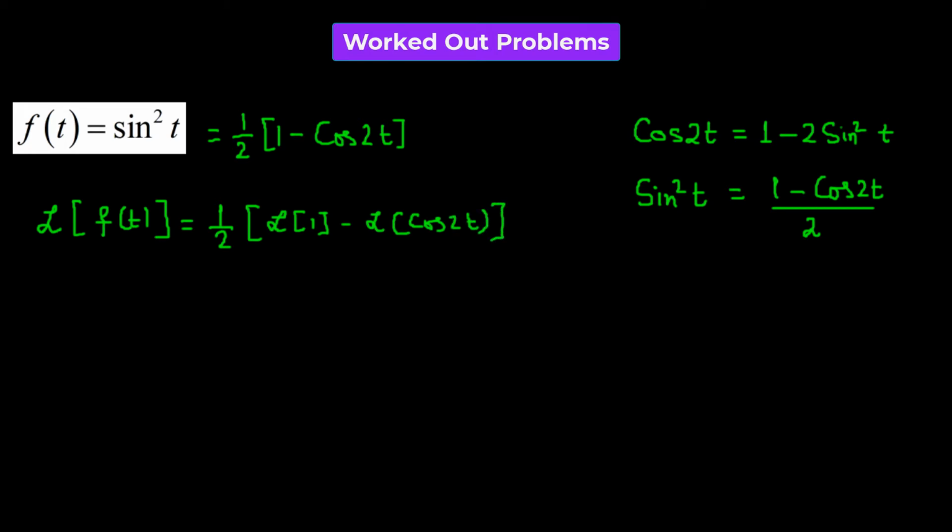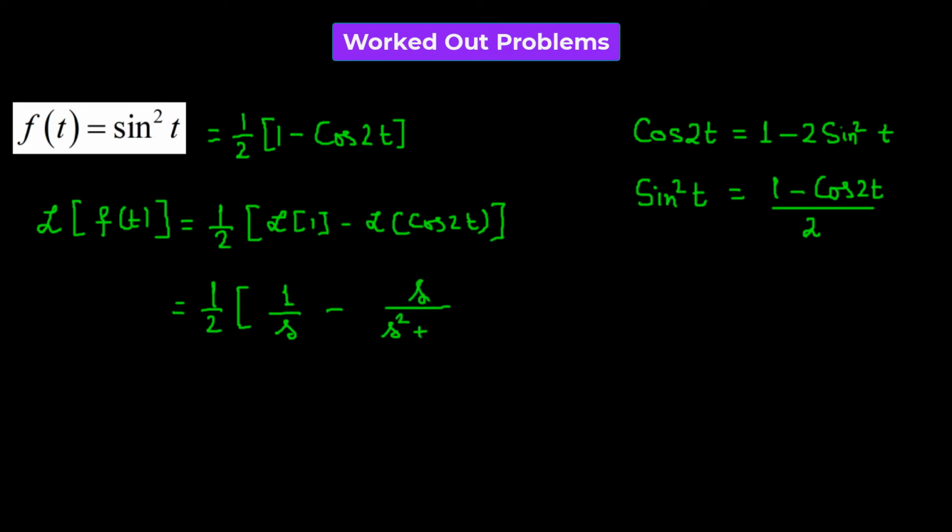Now here we have used the linearity property of the Laplace transform, which gives us half times the Laplace transform of 1, which is 1 over s, minus the Laplace transform of the cosine function, which is s divided by s squared plus a squared.